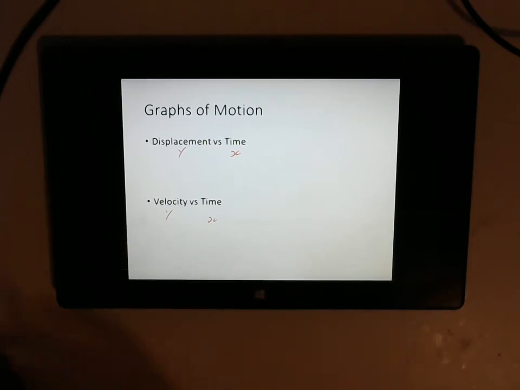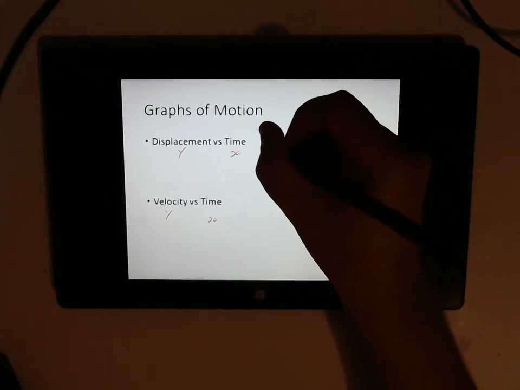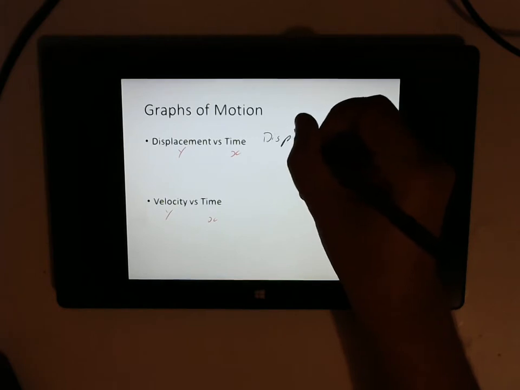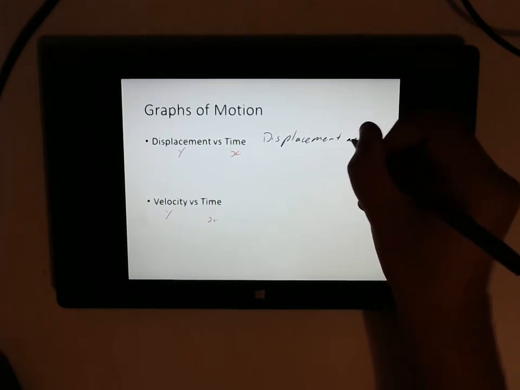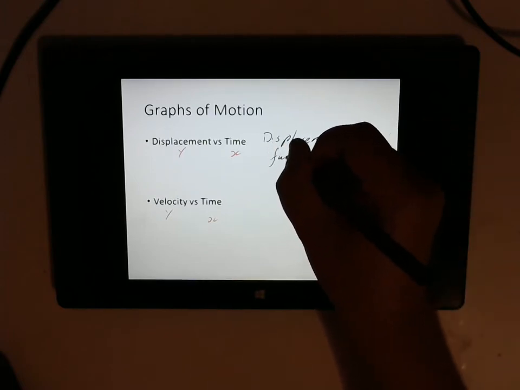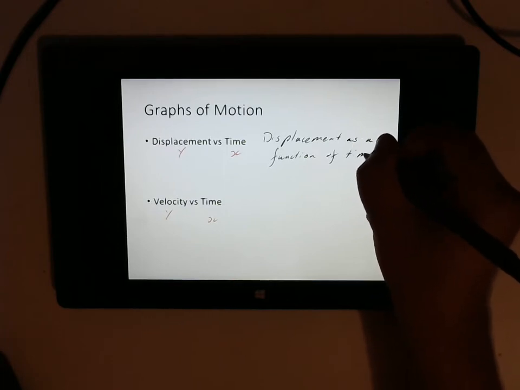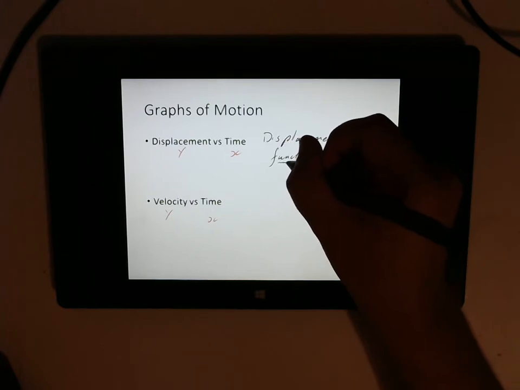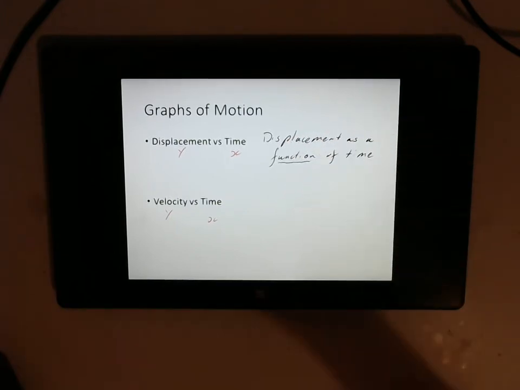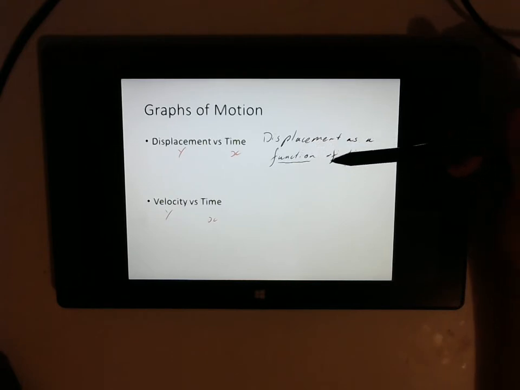Now we can also say, and I use this on some of the graphs, displacement as a function of time. And that word function is the important one. This tells us what is depending on what. That's saying that displacement is changing as time changes, or the displacement depends on time here.